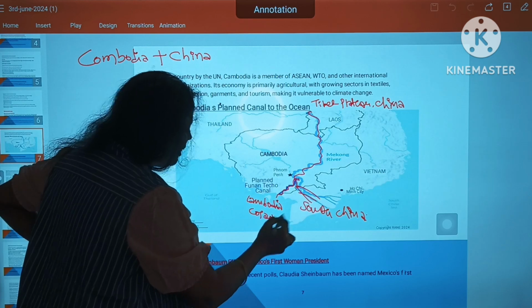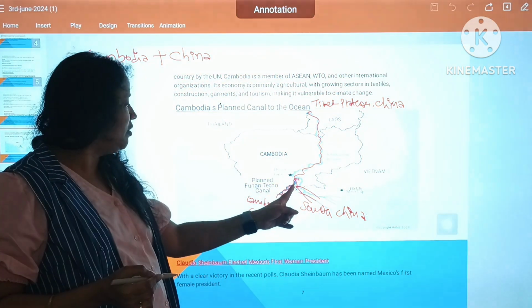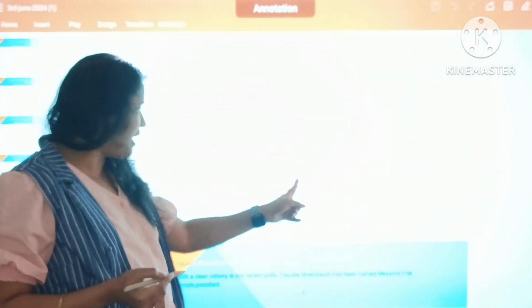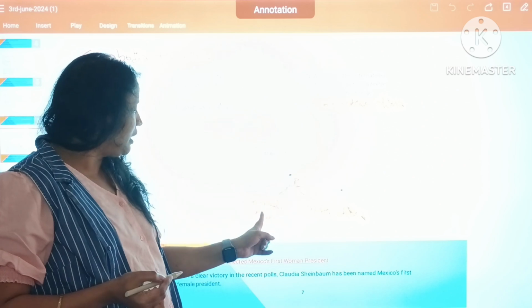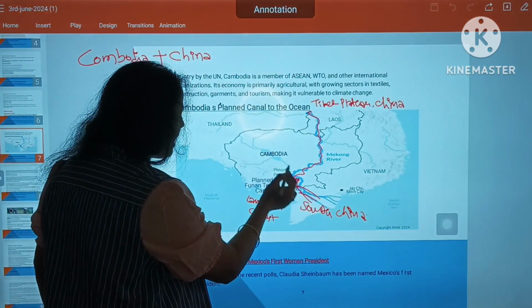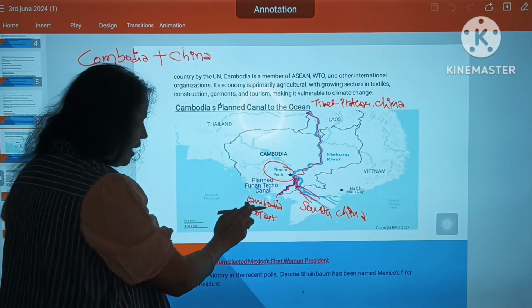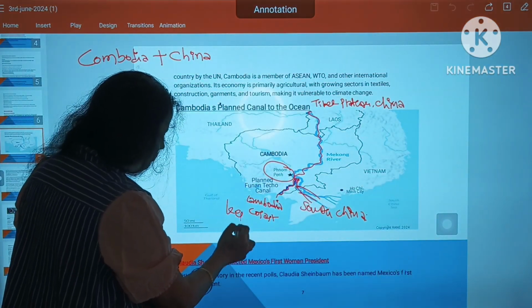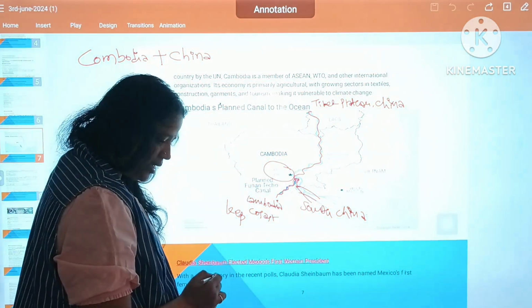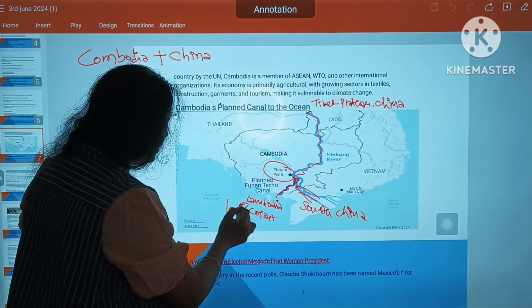The cities passing from the Mekong River point to the Cambodia coast include the capital of Cambodia, Phnom Penh, and here the city is Kep. Kep city is joining.